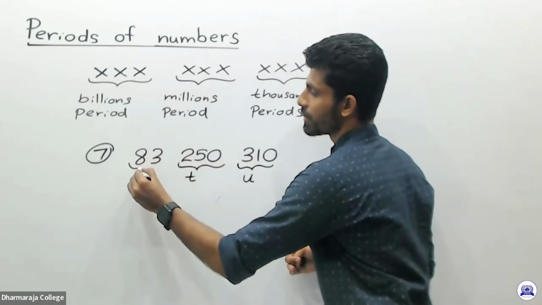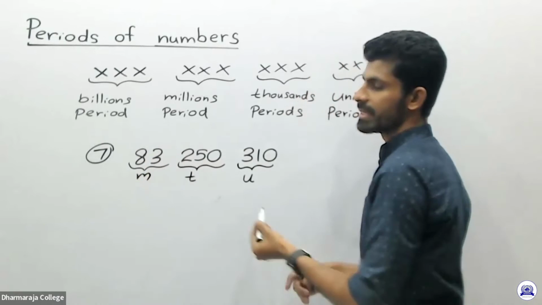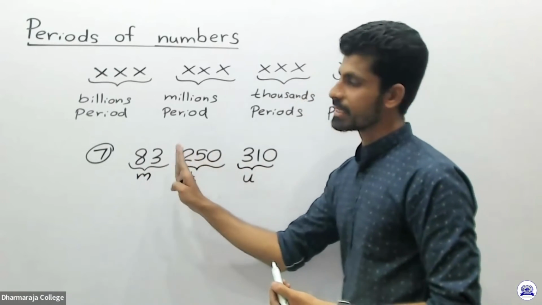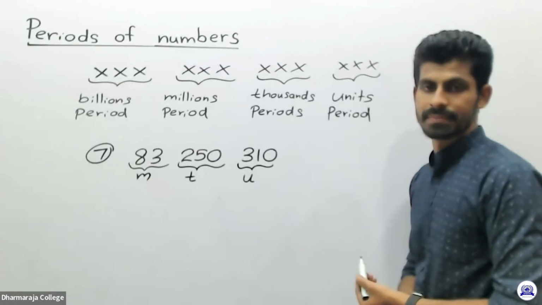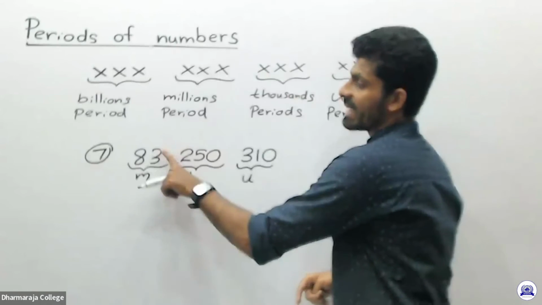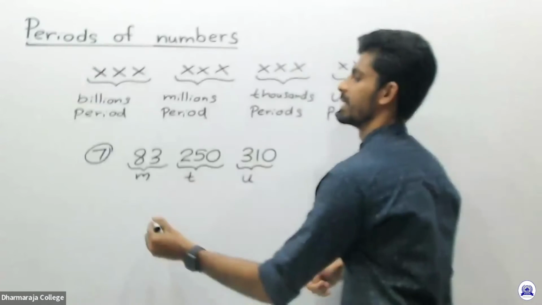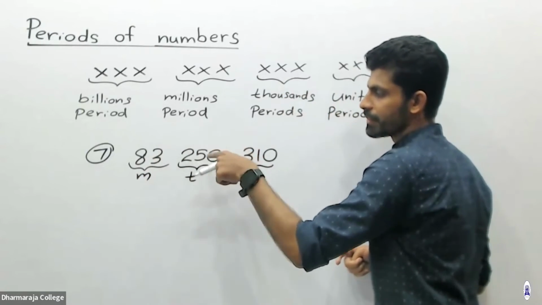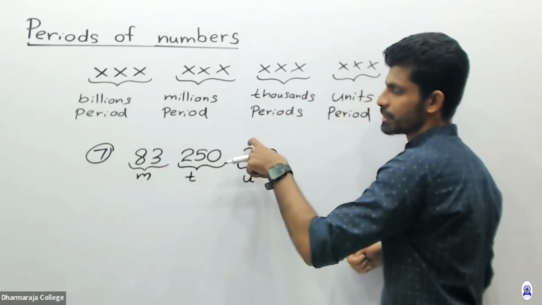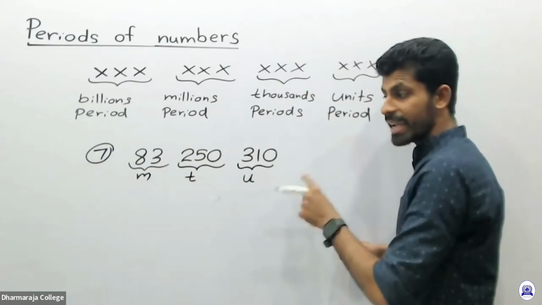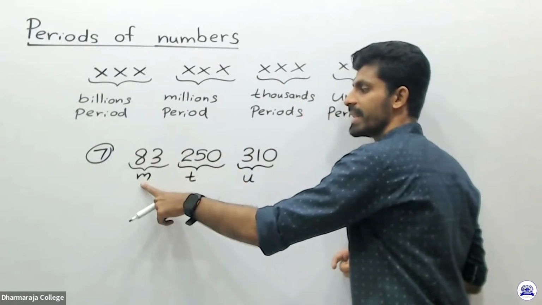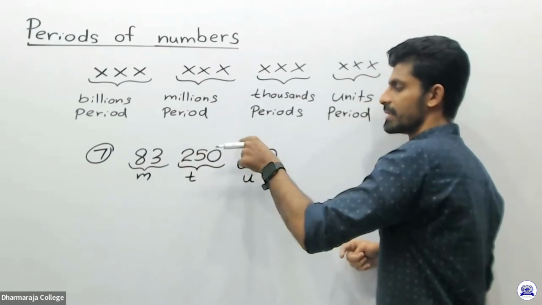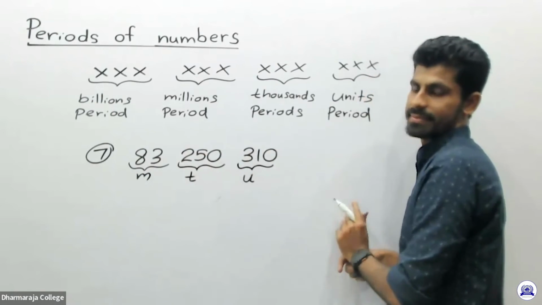The third one is known as millions period. Units, thousands, millions. 83 million, 250,000, 310.